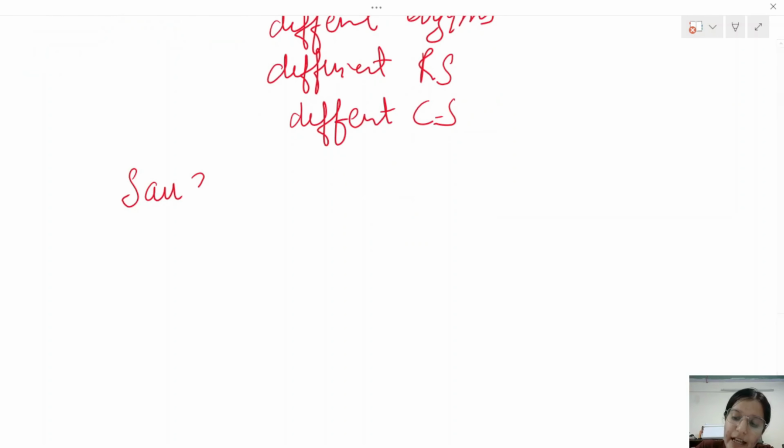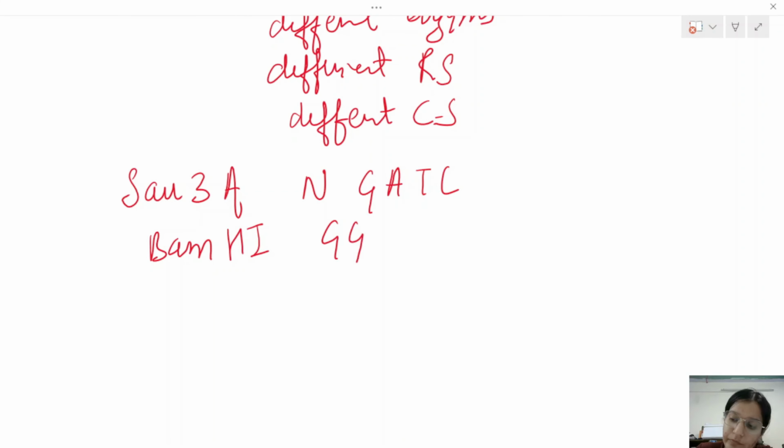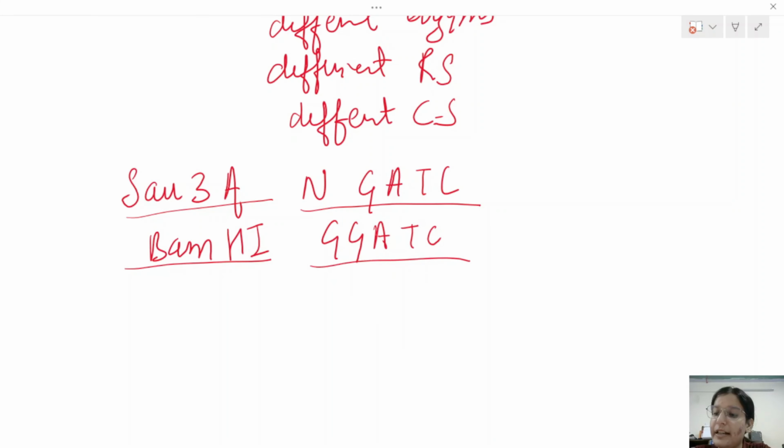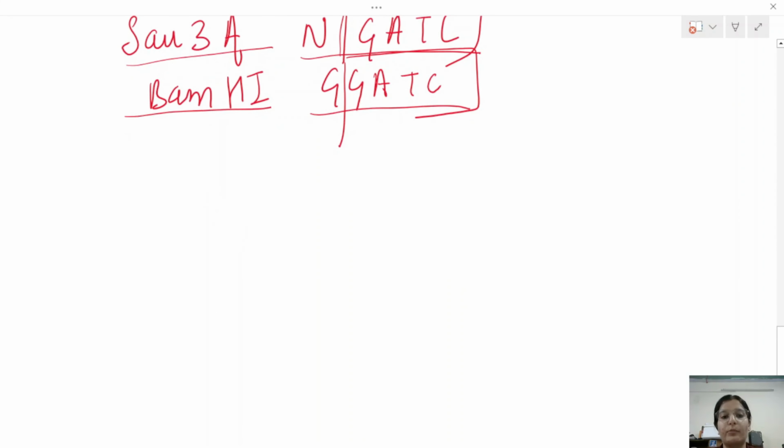Examples here are Sau3A and BamHI. So what happened? These are different enzymes with different recognition sites and different cutting sites, but they produce the same cohesive ends. So these are some of the important terms that we have gone through.